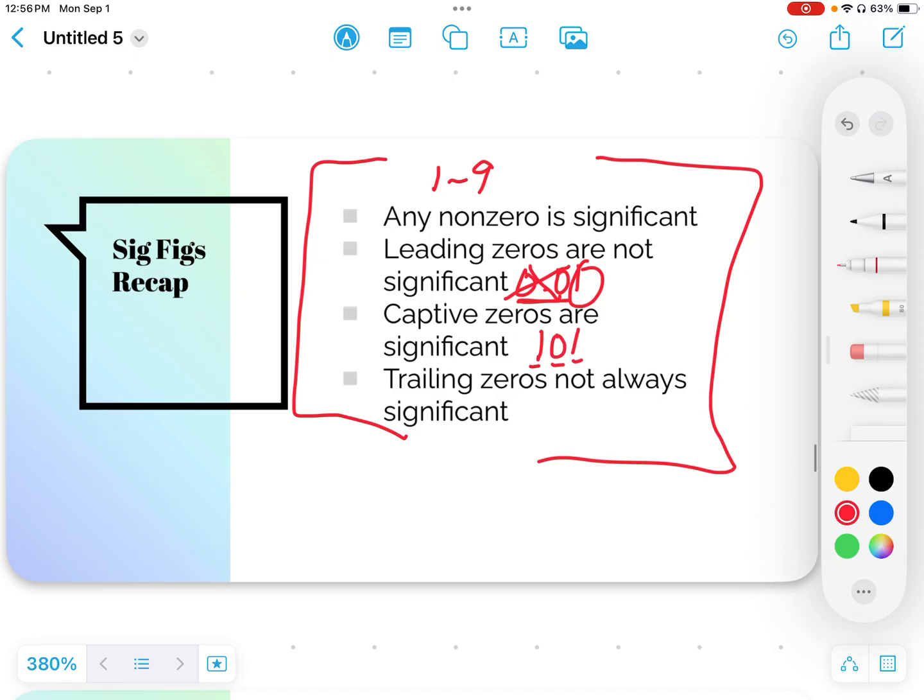And then trailing zeros are not always. It depends. So if there is the difference between 10 and 10 with a decimal, this one can either be 1 or 2. This one has to be 2 sig figs. So again, make sure you know these rules. It's never going away.